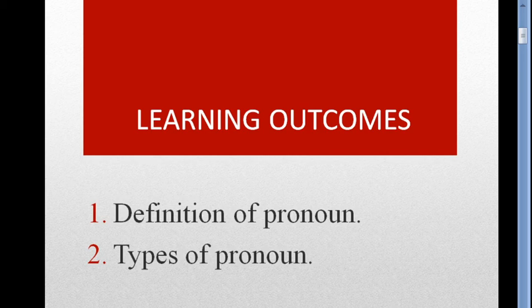Dear students, I very well know that you all know about pronoun and types of pronoun, but as our today's topic is pronoun referencing and it is related to pronoun, so in the first lecture, I am showing you the definition of pronoun and the types of pronoun so that you can remember well the information about pronoun and what are their functions, how they work, etc. So our today's lecture is on pronoun.